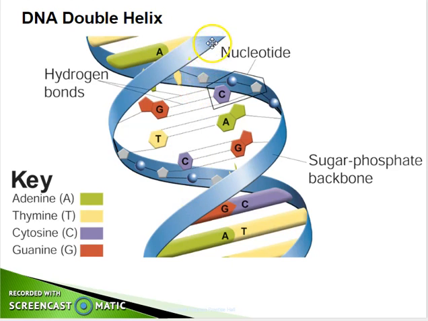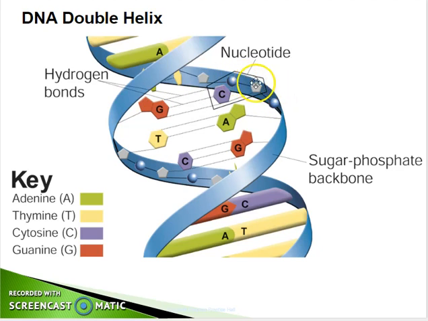You guys, I think by now, and I hope by now, feel confident with the fact that the sugar and the phosphates are on the outsides and the nucleotides have the nitrogenous bases on the inside. A only bonds to T, C only bonds to G, phosphate's the circle here, the sugar is our little house right here.